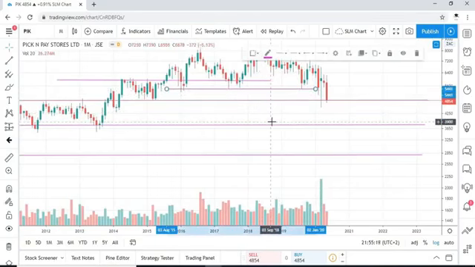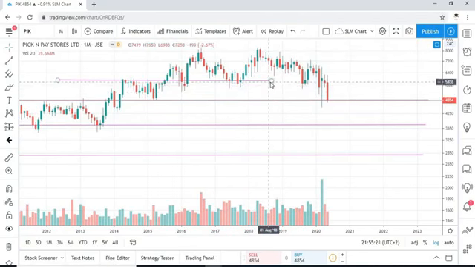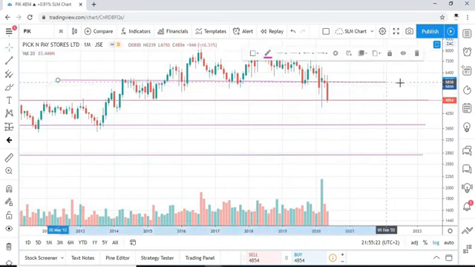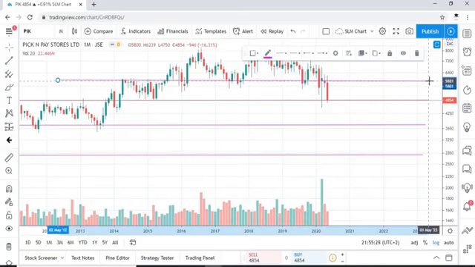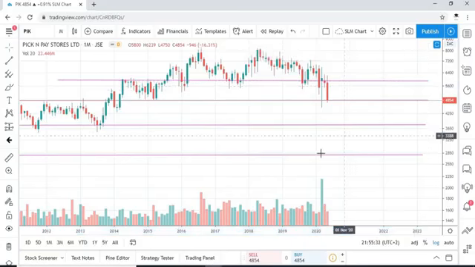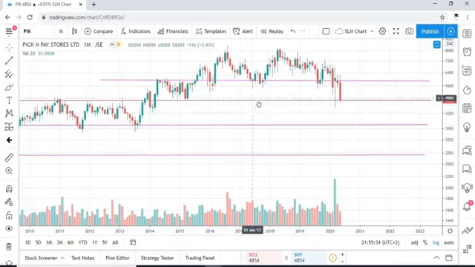Then this line is not meant to be there, and we're going to project this line as well. Right, so these are the lines that we can see.